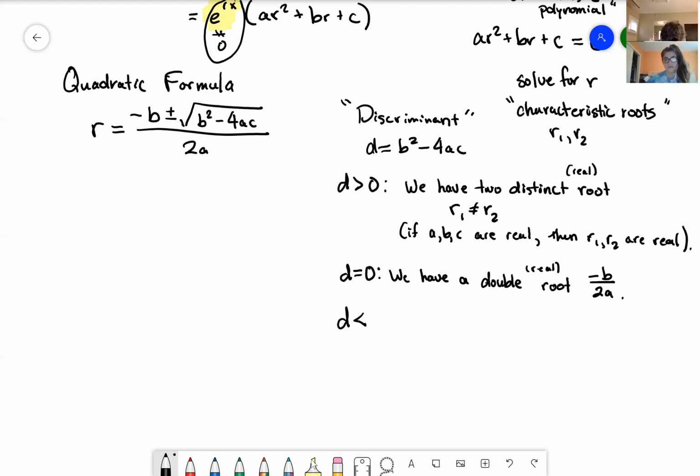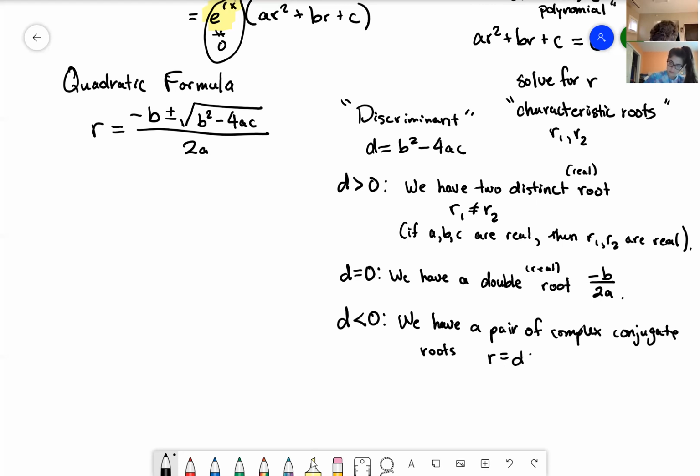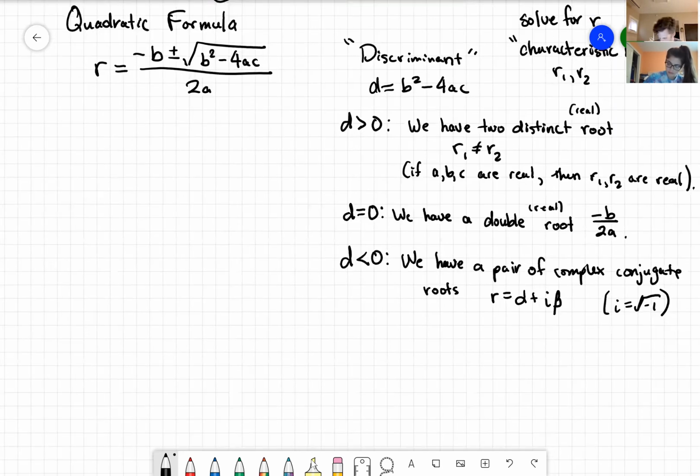And then we have a case where the discriminant is negative. And in this case, we have a pair of complex conjugate roots. r is equal to alpha plus i beta, where of course i is the square root of minus 1 in the complex numbers.